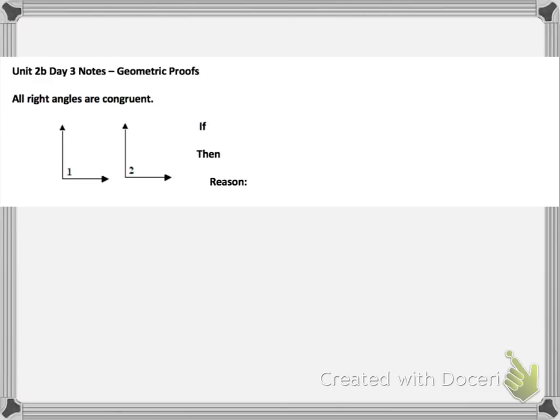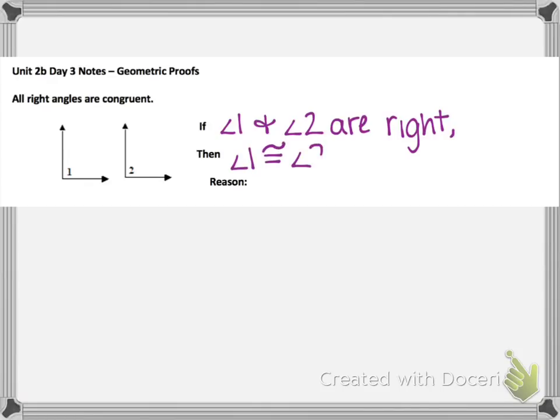The first thing is going to be that all right angles are congruent. So if angle 1 and angle 2 are right, then angle 1 is congruent to angle 2.